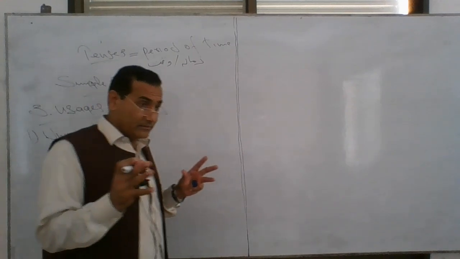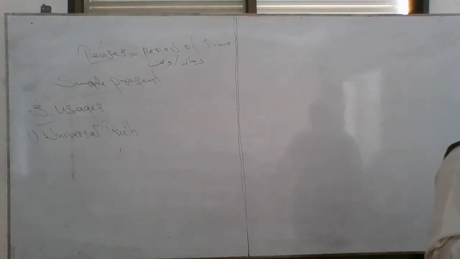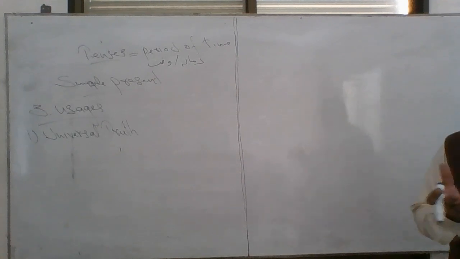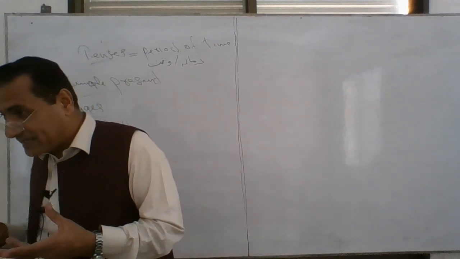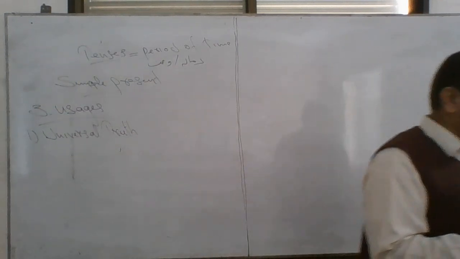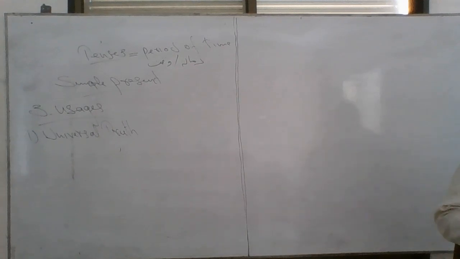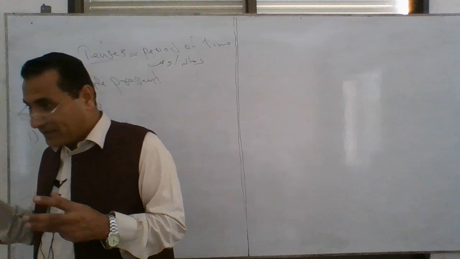And another thing that is universally accepted, for example, the earth revolves around the sun. It is absolutely universal. Another example: there are 7 days in a week. 2 plus 2 is equal to 4.